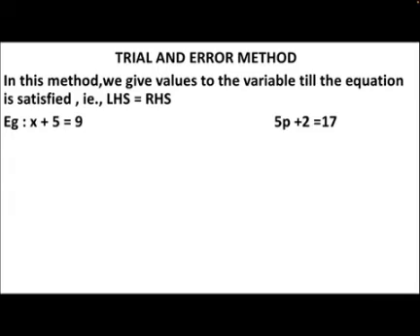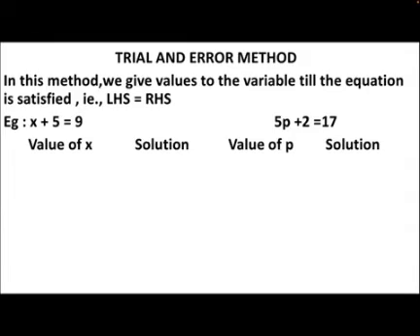Okay. Now, there are two examples here. X plus 5 equals 9 and 5p plus 2 equals 17. So here, let us supply values to x so that that number plus 5 gives you 9. Let us see. So, in the first case, x is 1.